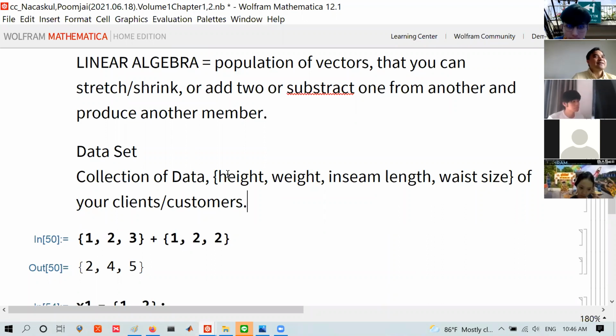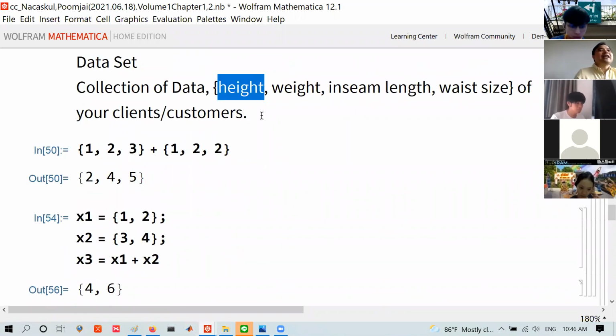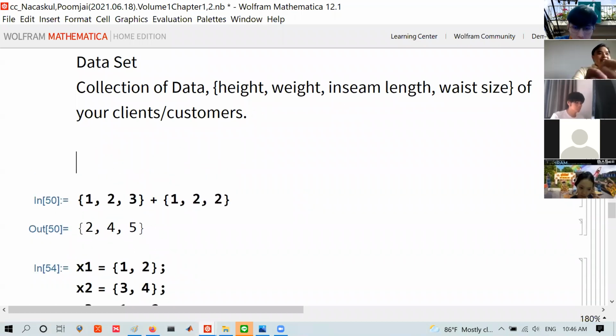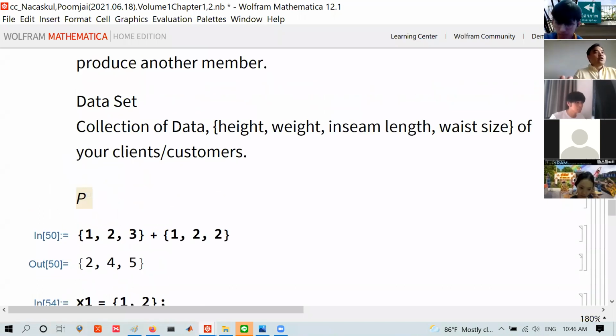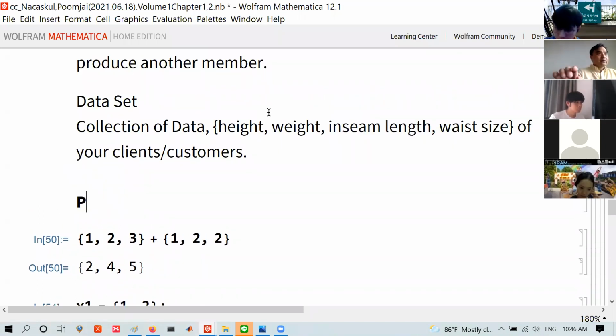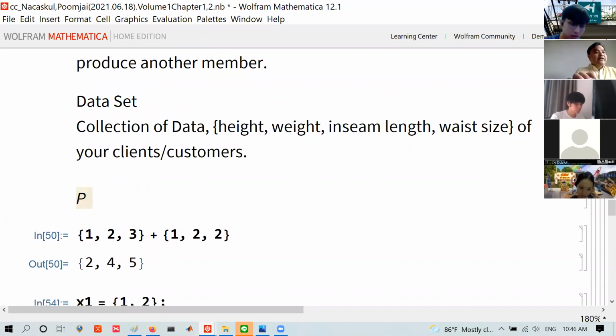You definitely have a space of 1, 2, 3, 4. Well, actually, you wouldn't even have R2, right? Because nobody can have negative weight or negative height. So it's actually a space of positive numbers raised to dimension 4. So that's the space of your client. It's P because it's positive. It cannot even be 0. And you have 4 of them.